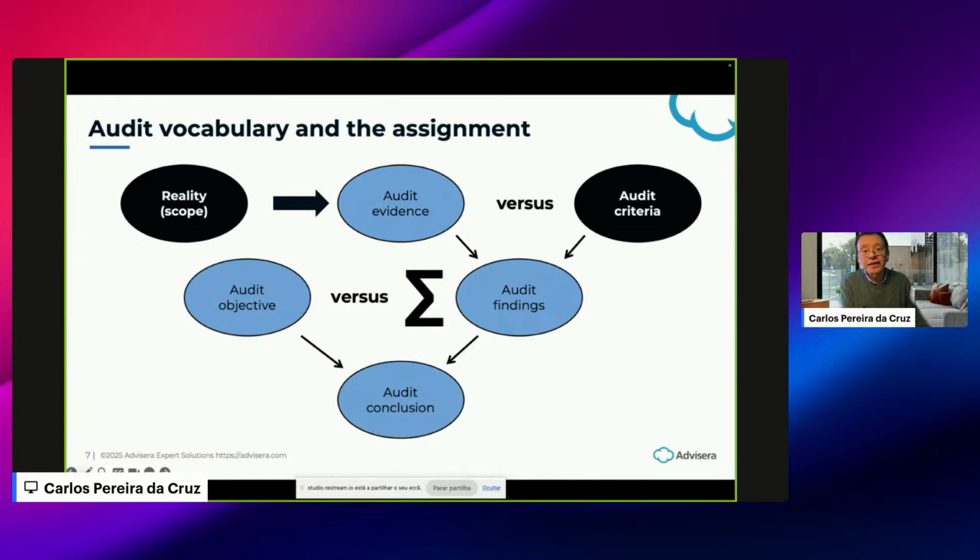Everything an auditor does is to gather objective information to report a reliable audit conclusion. Remember, the audit objective is the guiding light for an auditor's preparation, performance, and reporting. The purpose of an audit is to arrive at a solid conclusion related to the audit objective.